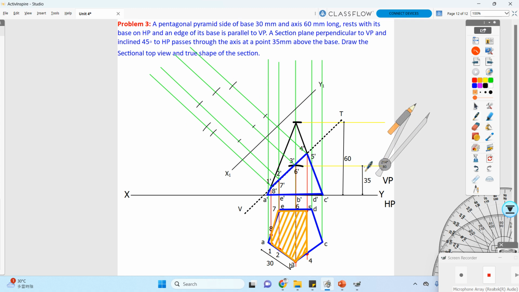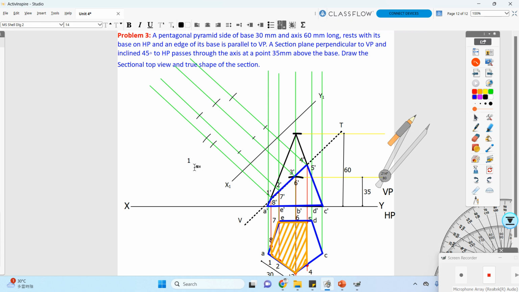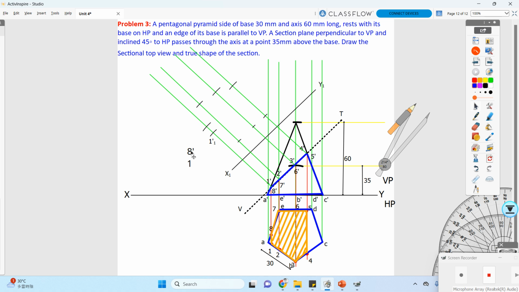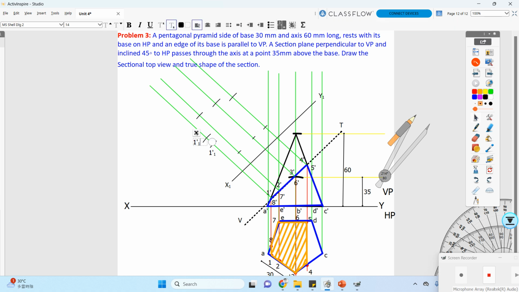Now we can mark what the cutting values are. So over here 1 dash is there, so I am going to consider this as 1 dash of 1. Then this is my 8 dash of 1.